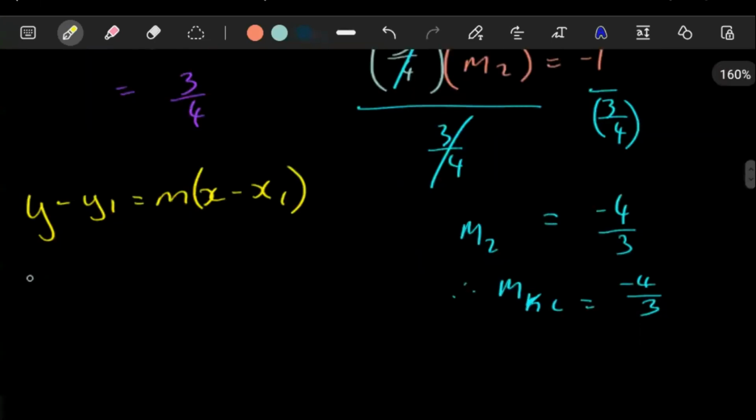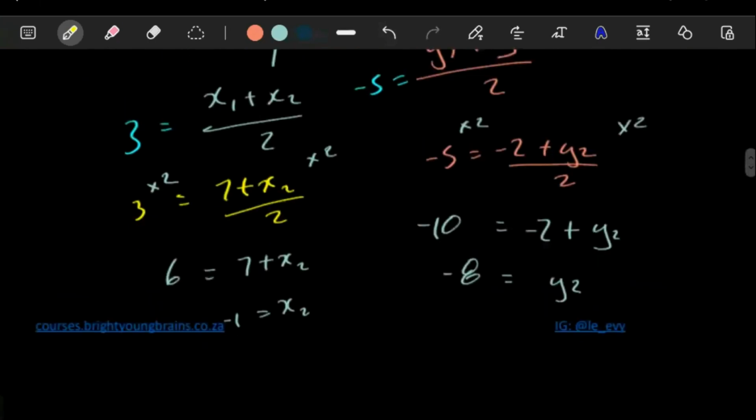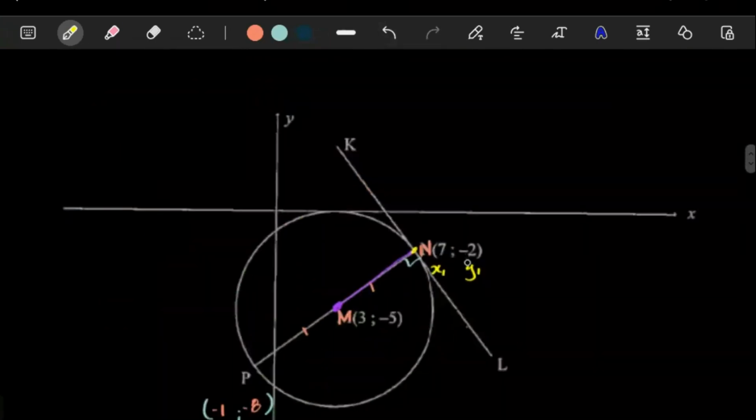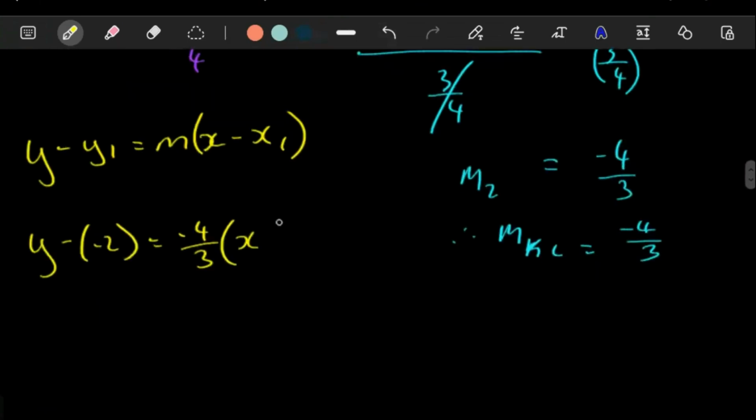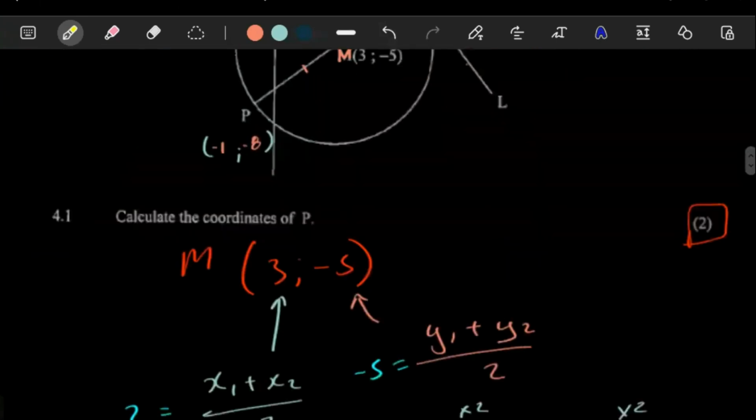So you can say y minus -2 equals the gradient, which is -4/3, times x minus 7. The x value is a 7. So you have to put a -7 over here and a -2 over there.